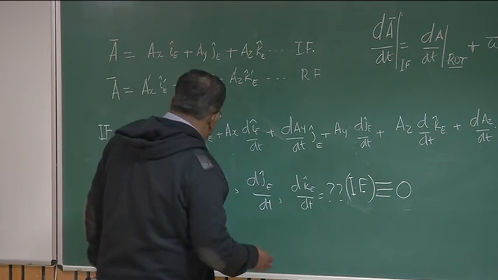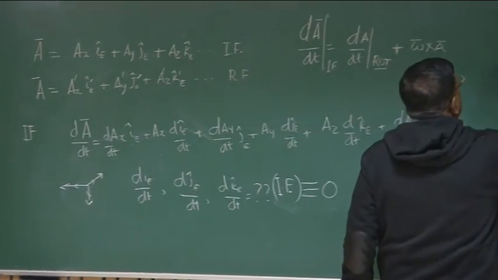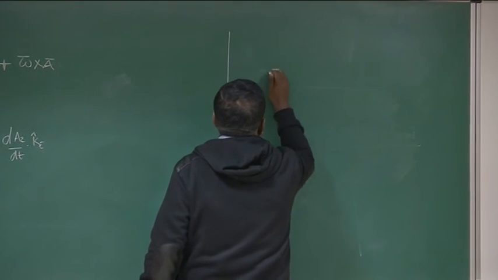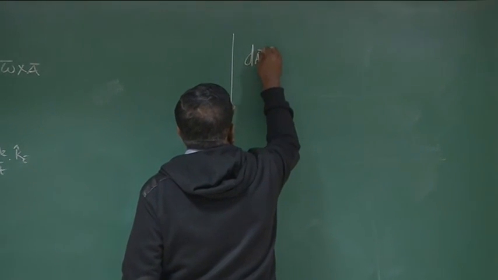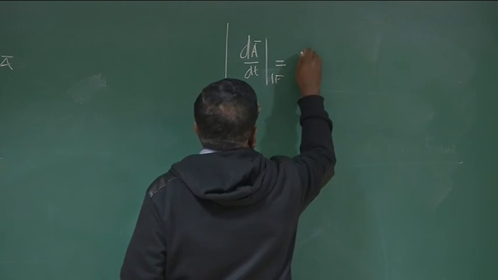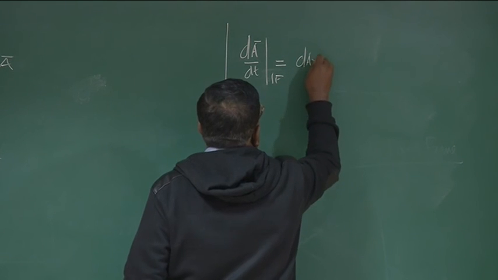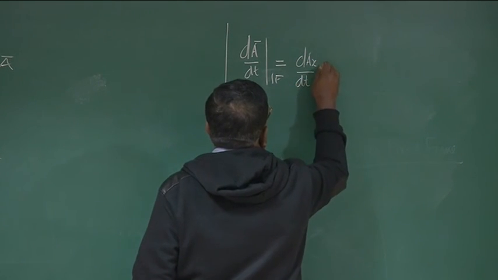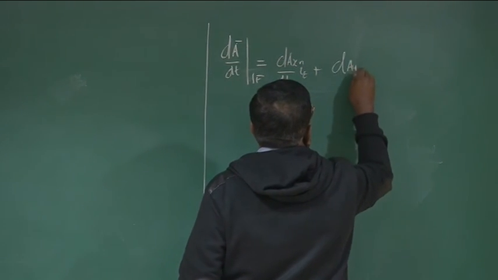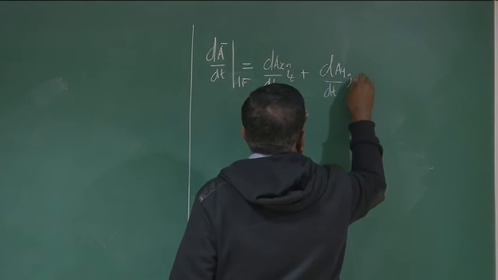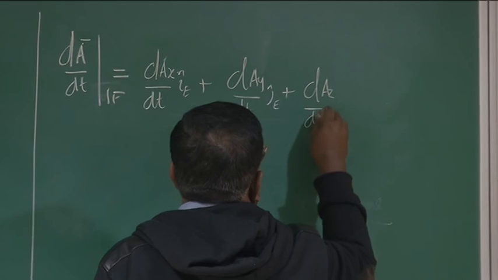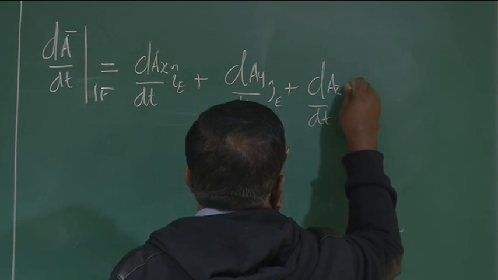So what will dA/dt become? Let me write it here so that I can use it appropriately. dA/dt in the inertial frame is as simple as dAx/dt iE plus dAy/dt jE plus dAz/dt kE.